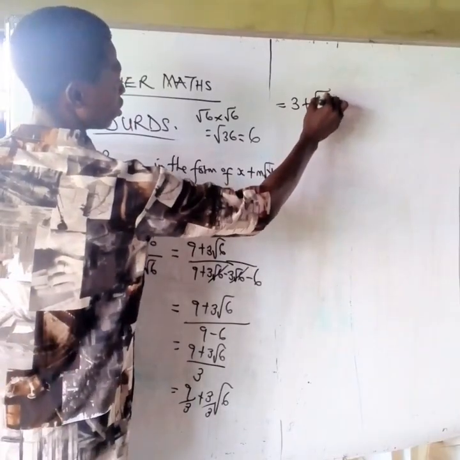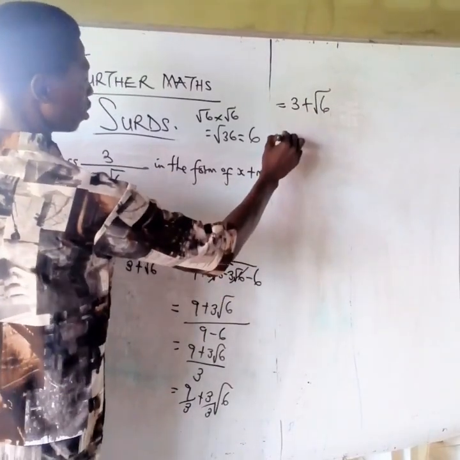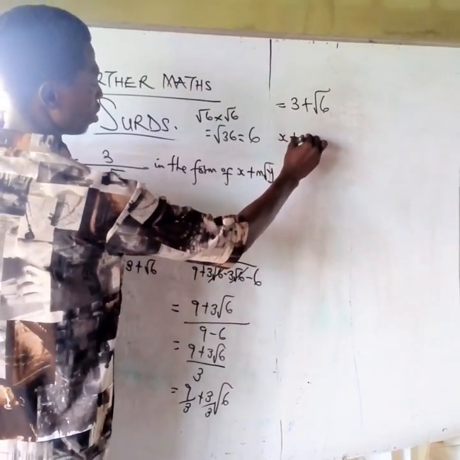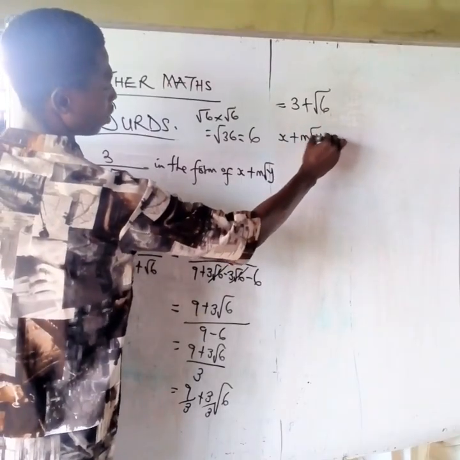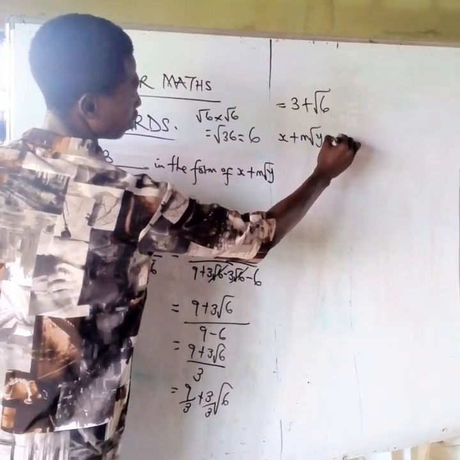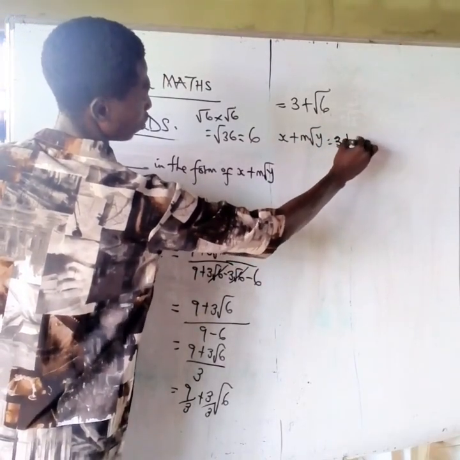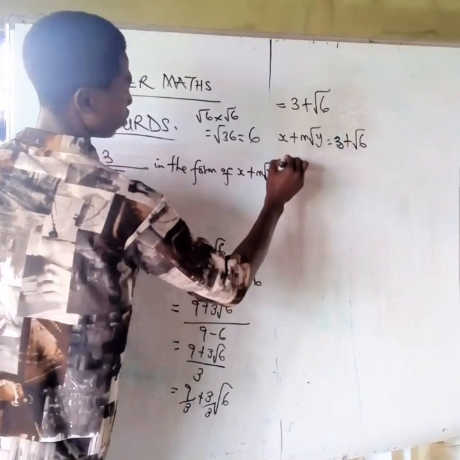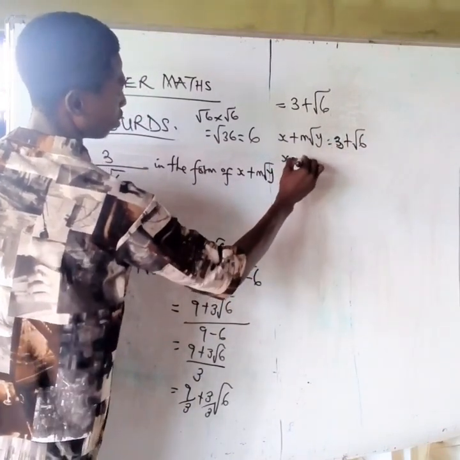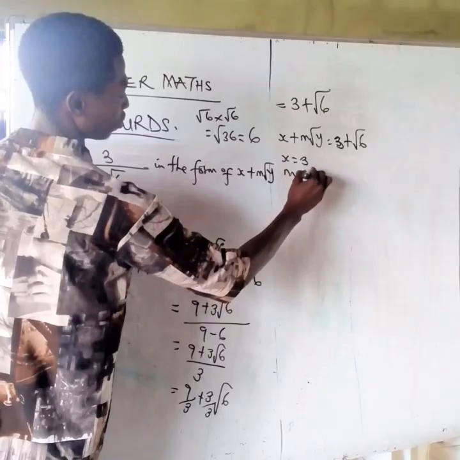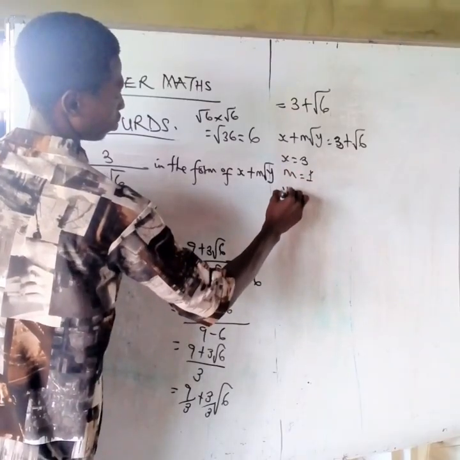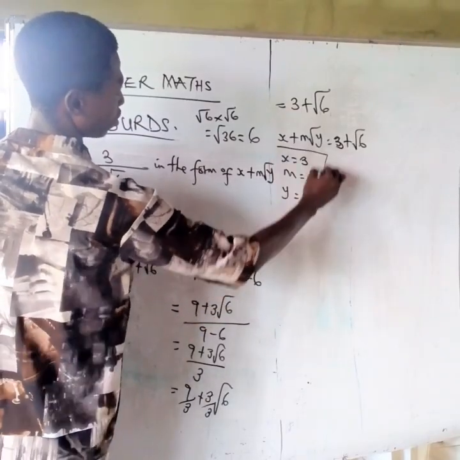So x plus m root y is equal to 3 plus root 6, where x is equal to 3, m is equal to 1, and y is equal to 6.